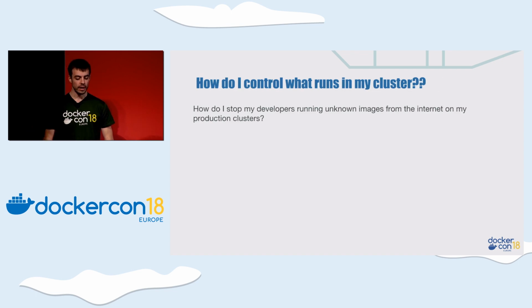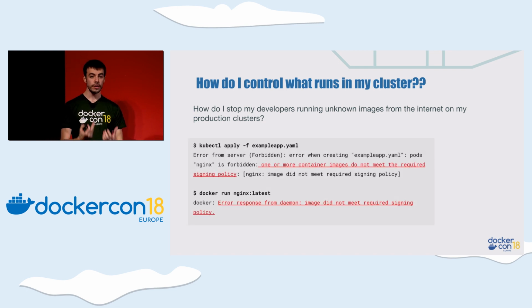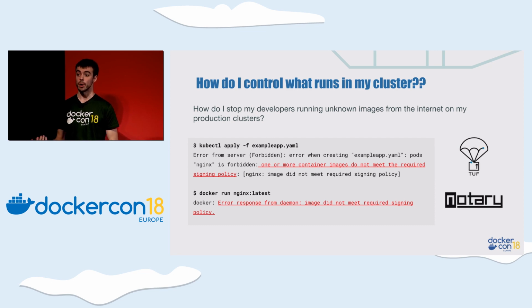Docker also brings another security check, and this enables you to control what actually runs inside of your cluster, and it also enables you to control what people use as their base images. This is something called Docker Content Trust. It's built on top of Notary and the TUF framework.